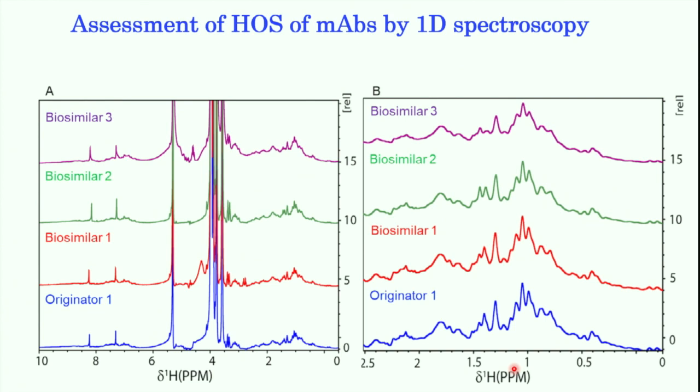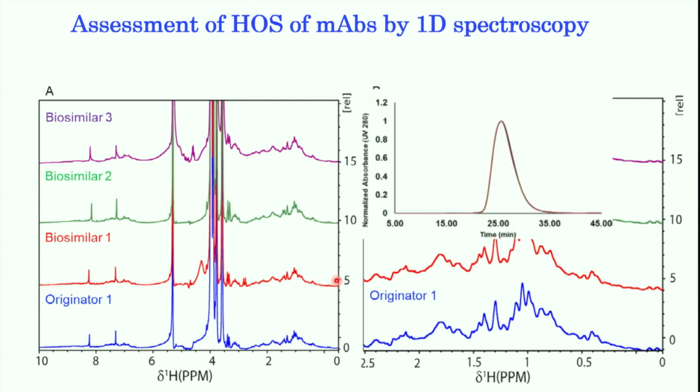One can also use the one-dimensional proton spectrum and match peak by peak originator, biosimilar 1, biosimilar 2, biosimilar 3. One can see here in the aliphatic region, in the amide region, everywhere, more or less the signals are matching. So qualitatively one can see even for mAb that they are showing similarity.